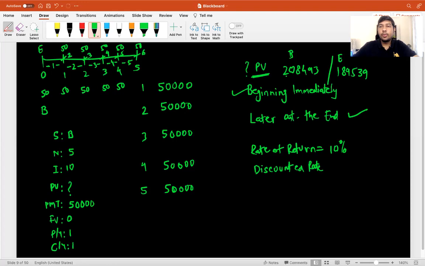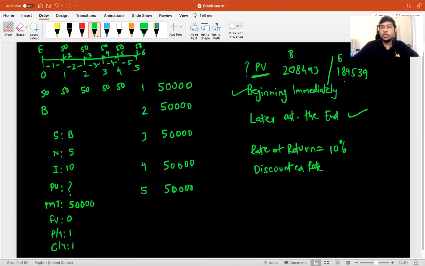So the moment you're putting 2,08,493, you're immediately withdrawing 50,000 rupees, and then you're letting the remaining amount earn some interest. But here, when you are putting 1,89,539, you're letting this entire amount earn interest. And that's how the requirement comes lesser.